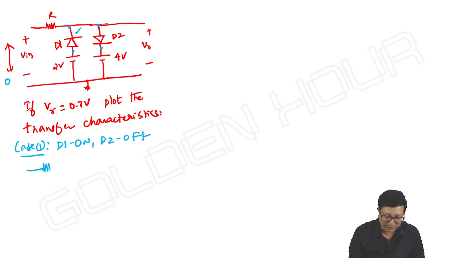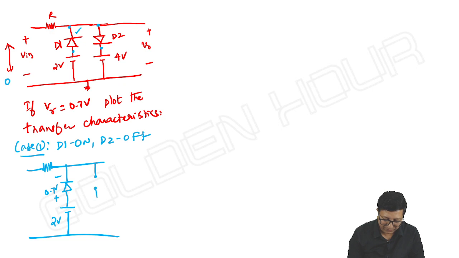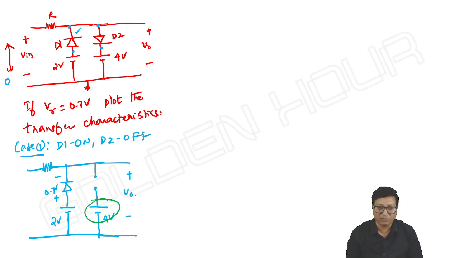So the equivalent circuit is this way. 2 volts, the voltage across the diode D1 is 0.7 and D2 is off. Here, if you observe, D2 is in no way connected to the circuit. Then what is our output?